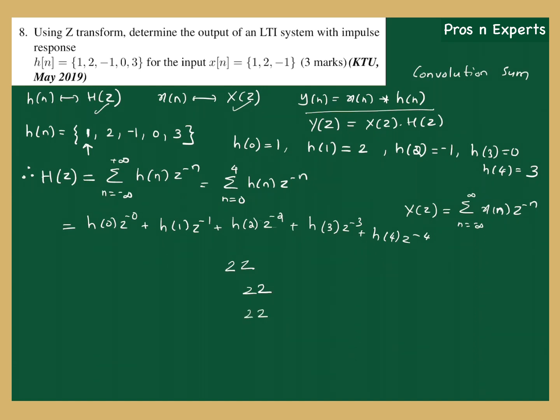So it's a recommendation: always try to write 2 like this and z like this. Also avoid writing z like this, because at some point you will confuse it with the numerical 3. So this is a slight recommendation out of experience. Always try to write 2 like this and z like this.